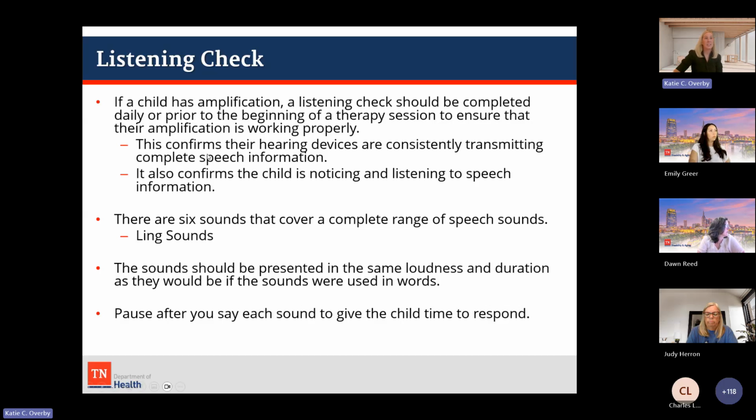So this is going to confirm that the devices are working and that they're transmitting sound correctly. The sounds cover the range of speech sounds, and there's no need to hoot and holler at the kid. You can just present it at the same loudness and duration as if you were talking to them.